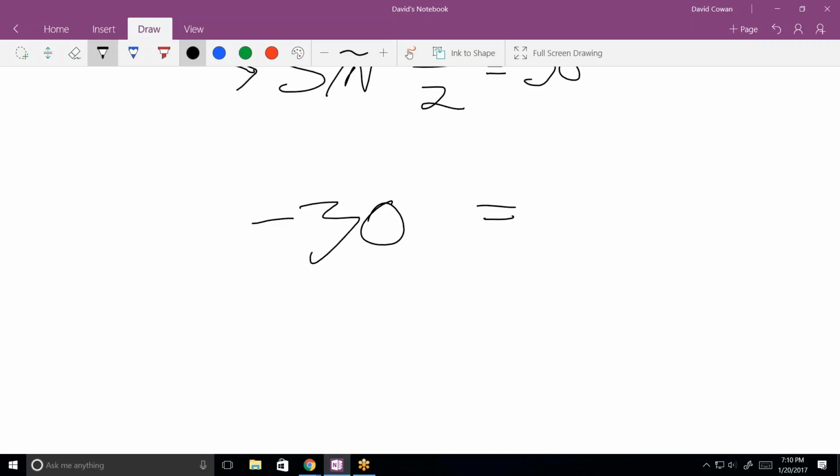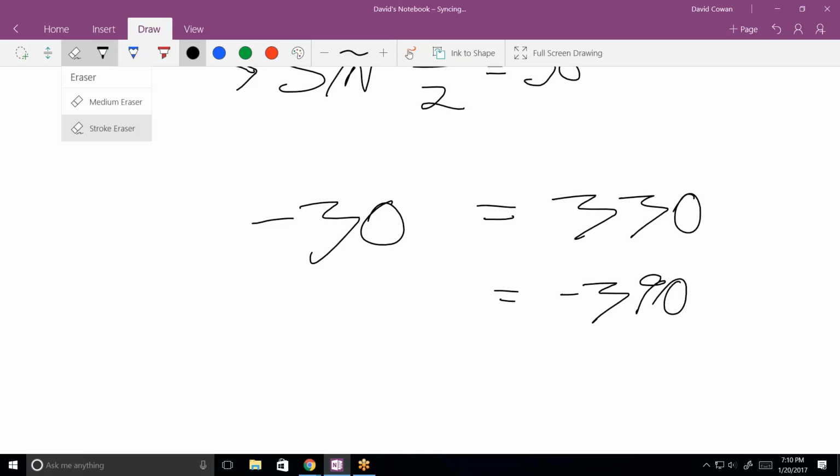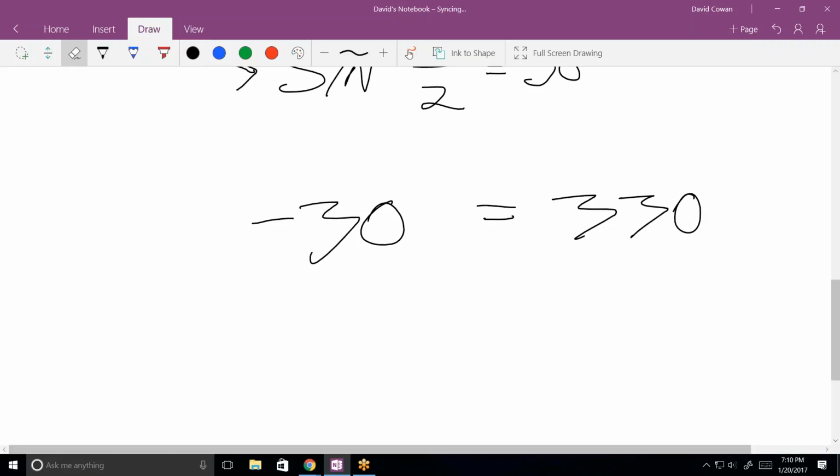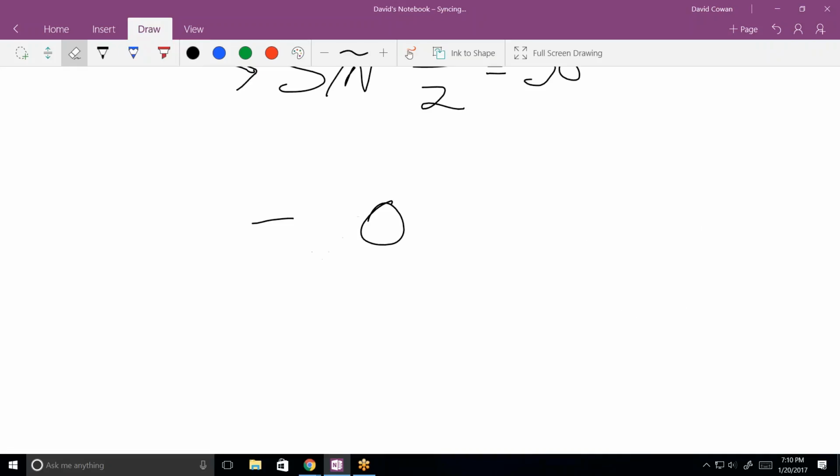What's a positive? 330 degrees. That's a positive one. What is a negative one? Negative 390 degrees. Yeah. So coterminal angles are a piece of cake, really. Just multiples of 360 or else multiples of 2 pi if you're in radians.